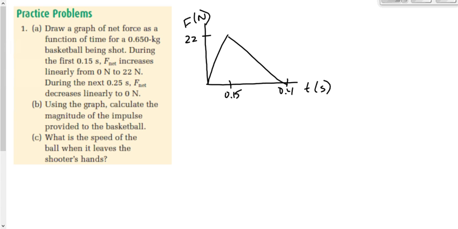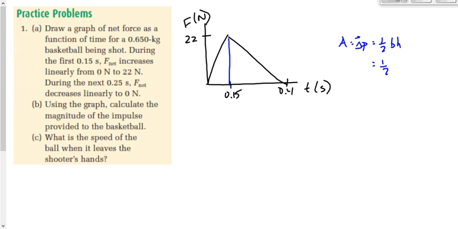Now, even though question B asked me to find the impulse, that's what I do anyways, right? Because area equals impulse, and that's the first 3 words that come to my mind. So I'm going to do that now. Area equals impulse equals 1/2 base times height. Some of you may have broken that down into 2 triangles. How many people did that? That's okay if you did, by the way. It's just more work, that's all.